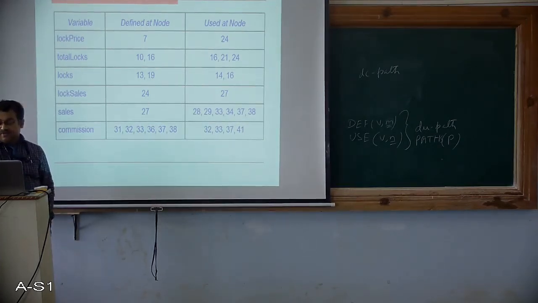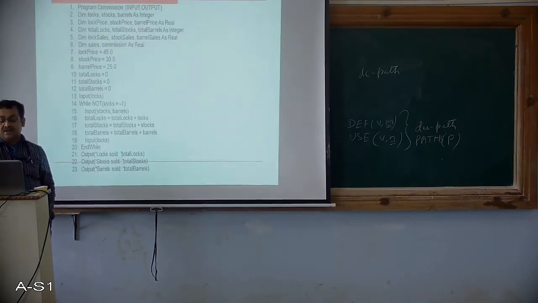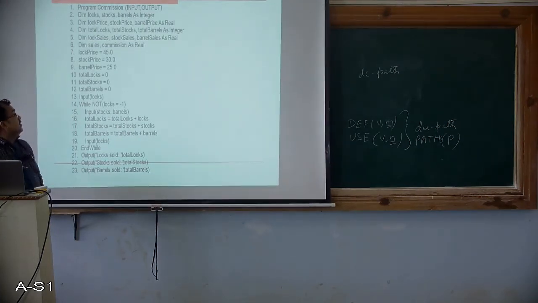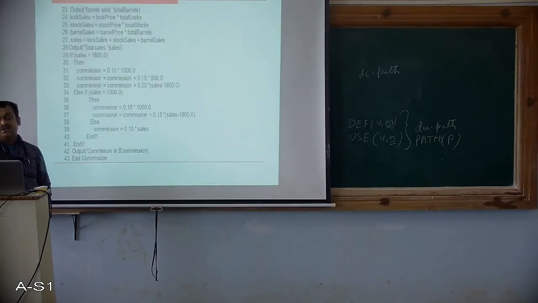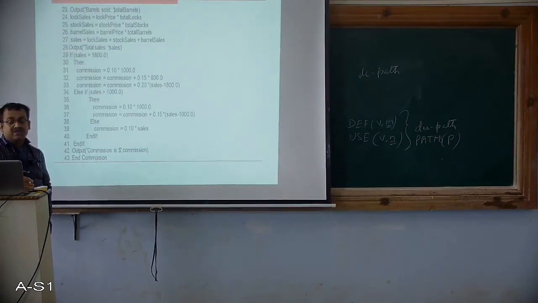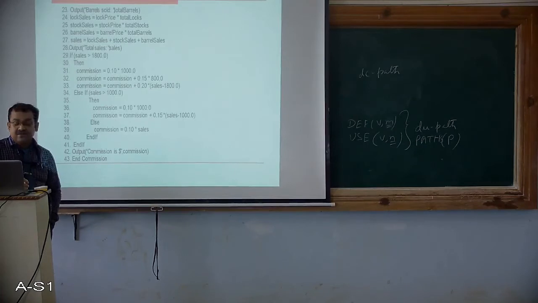The log price variable is defined in statement number 7 and used in 24, where log price times total logs gives you the log sales amount. That is where it is used, because you are using that particular value that was defined.